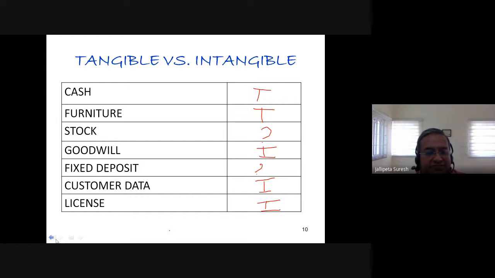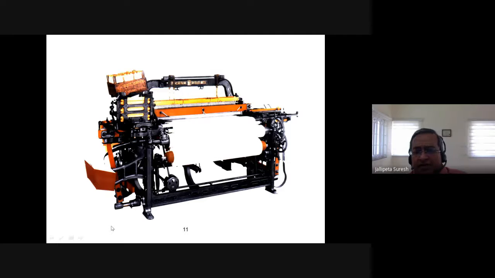Now let's move on. Look at this machine. It looks like a complex machine. It is nothing but a textile weaving machine, and this was invented in the year 1924 by a person called Sakiji Toyoda. In this invention, the inventor was able to overcome a problem that was present in such machines.